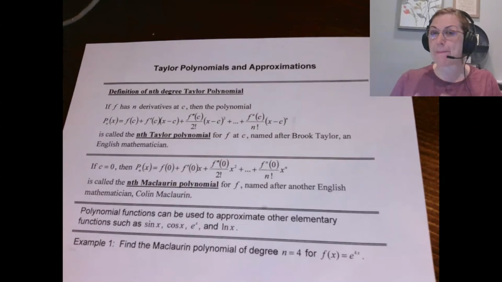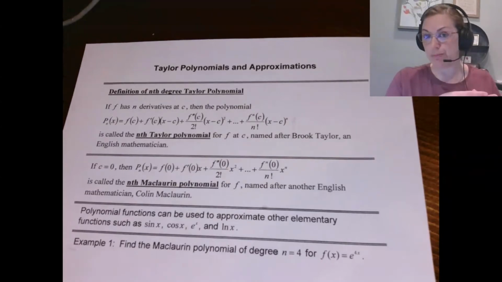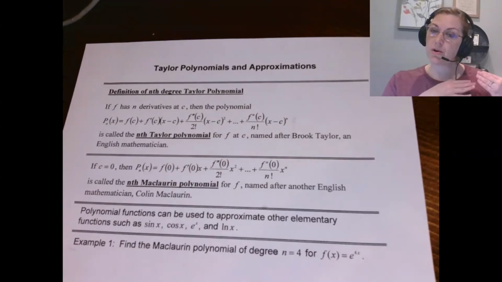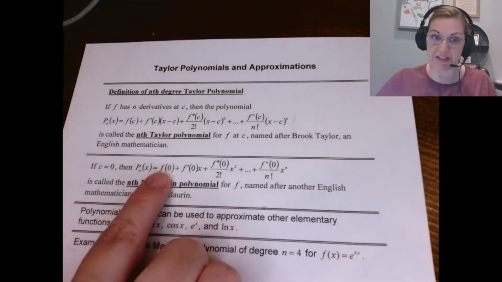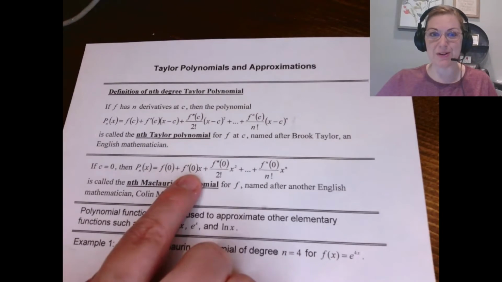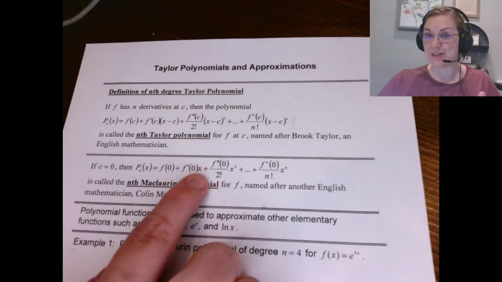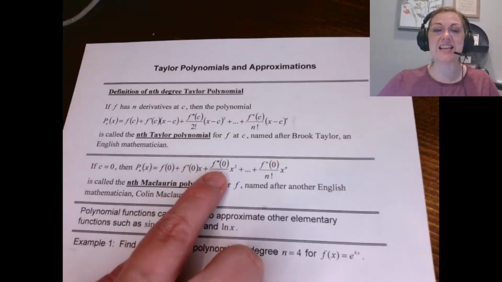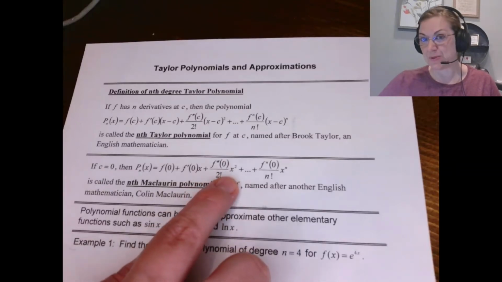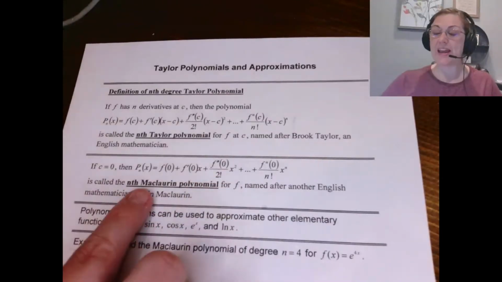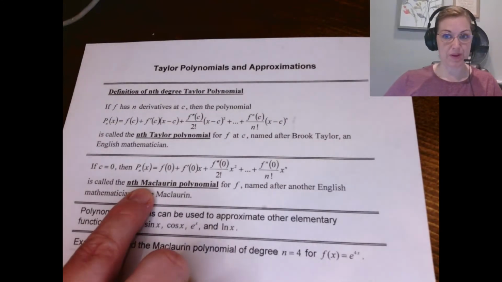Now, if we happen to center about 0, so the same patterns apply, right? Function at 0, first derivative at 0, then x minus 0, right? And then I've got second derivative over 2 factorial, and then x minus 0 squared, and so forth. That we call a Maclaurin polynomial.